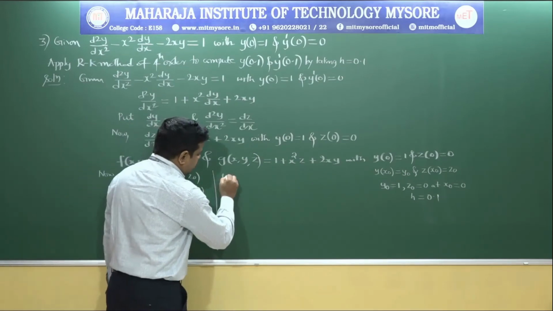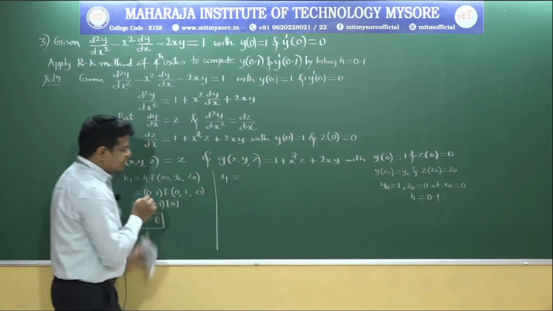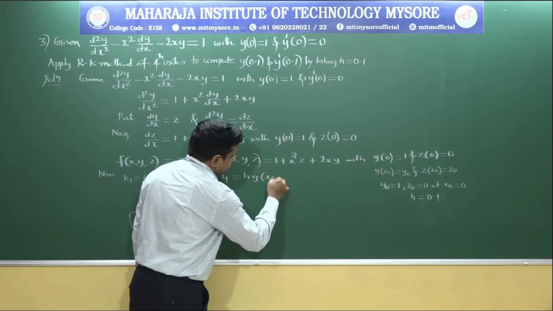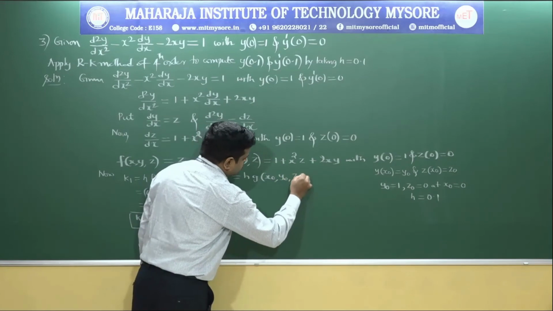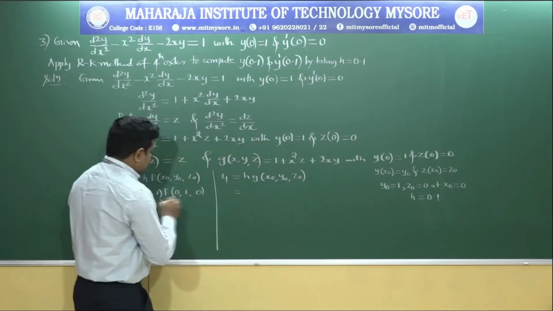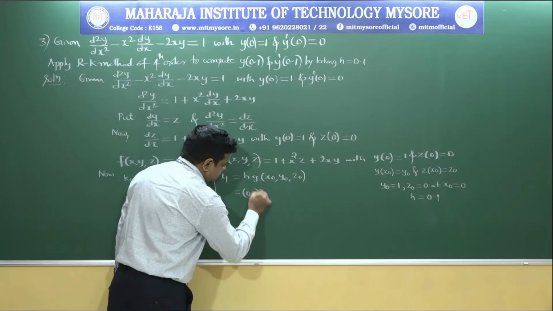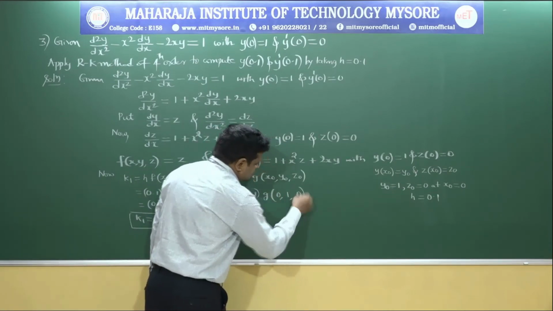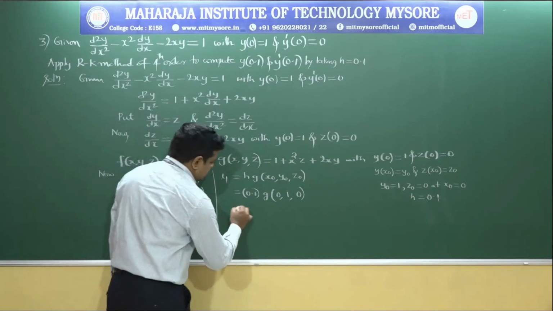Okay, next, after computing K1, we need to find L1. L1 is given by h into g of x naught comma y naught comma z naught, that is equal to h value is 0.1. Next, x naught value is 0, y naught value is 1, z naught value is 0.